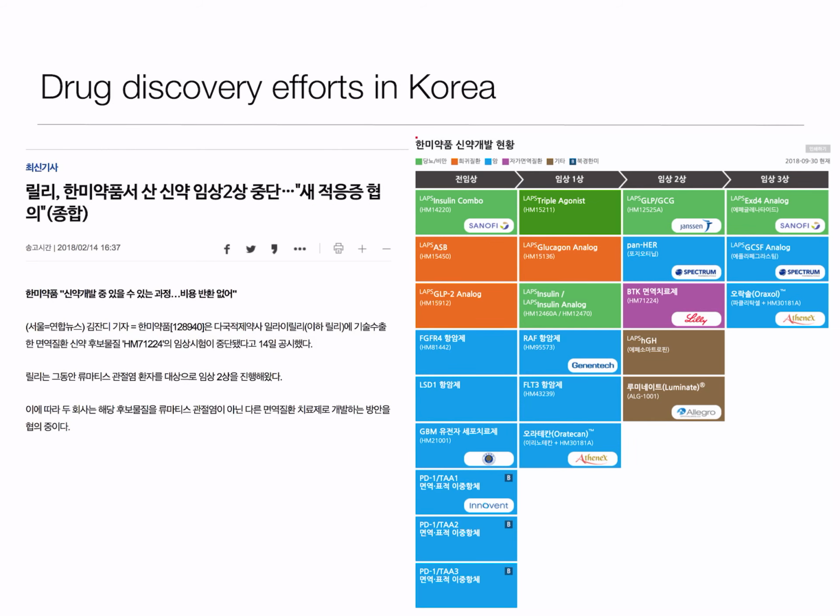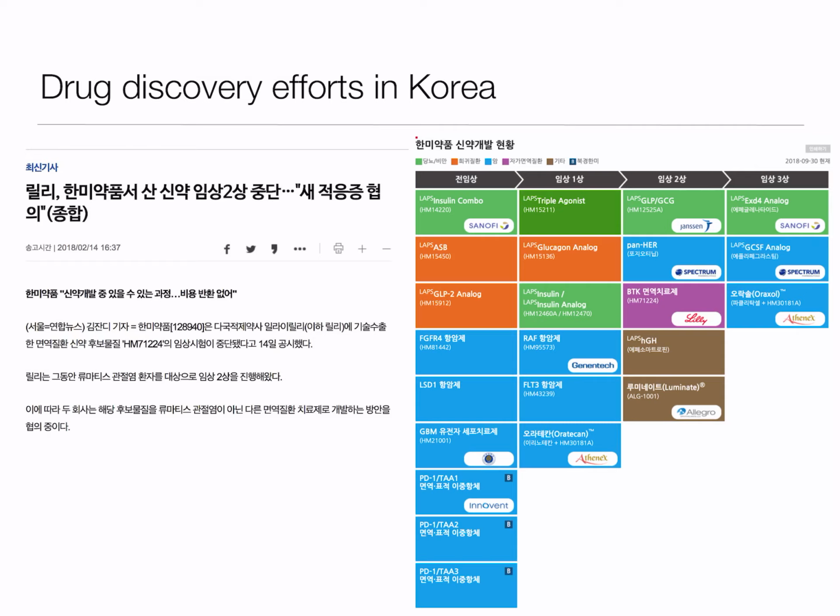So let's take a look at some examples of drug discovery efforts happening in South Korea. This is a picture that I adapted from Hanmi Pharmaceutical Company. And they say that they are testing this number of drugs, okay?